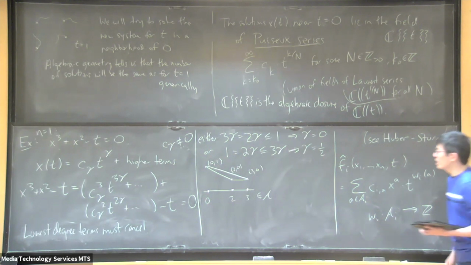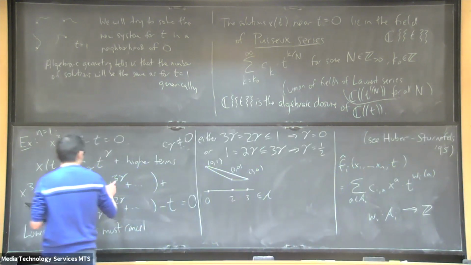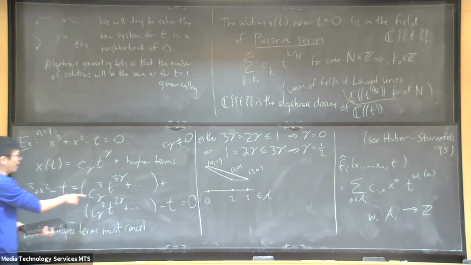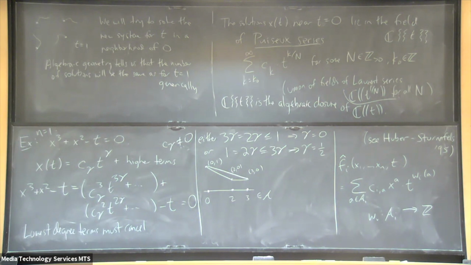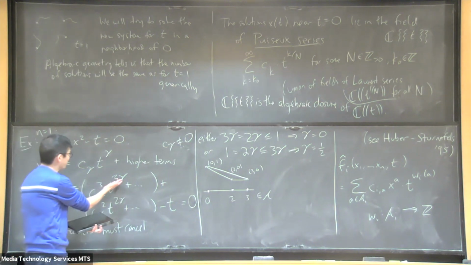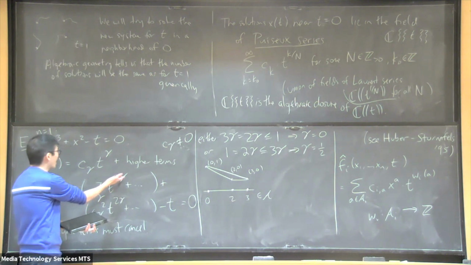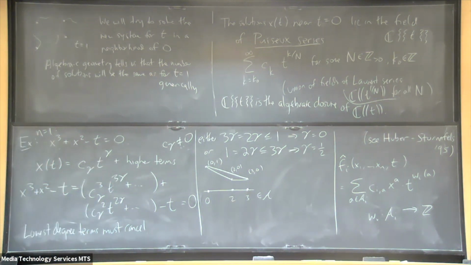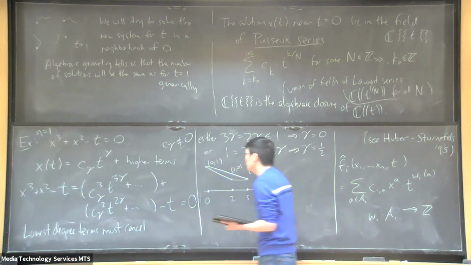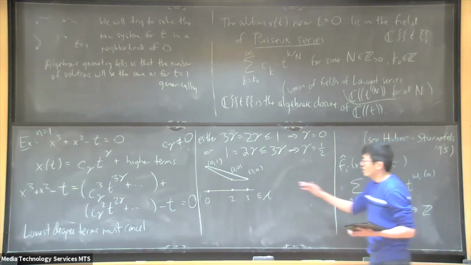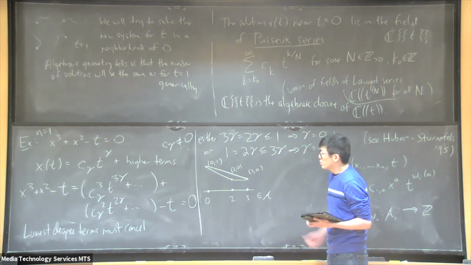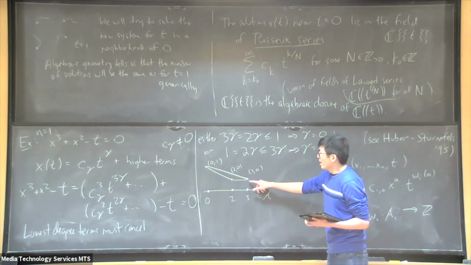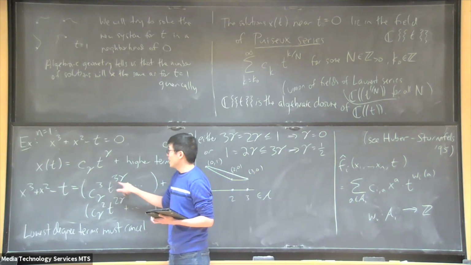Okay, so what am I trying to do? I'm trying to figure out what gamma should be so that I have the 2 lowest degree terms canceling. When I'm choosing gamma and evaluating what exponent I get on a given term, this is just evaluating the value of a linear functional on a given point. So for instance, if I choose a given value of gamma, then the exponent of t that I get here is just 3 times gamma.